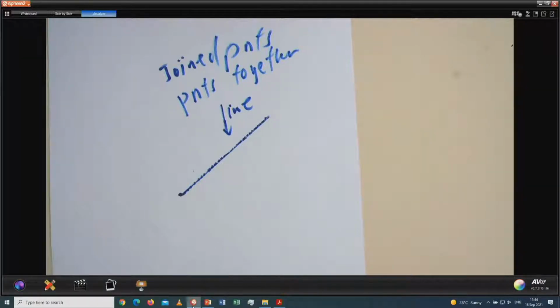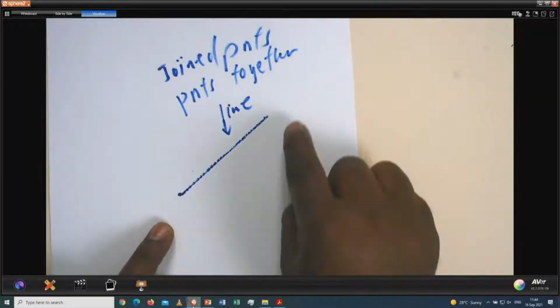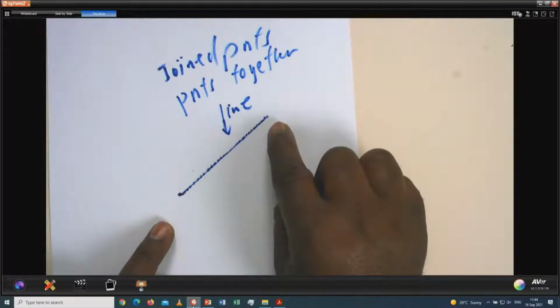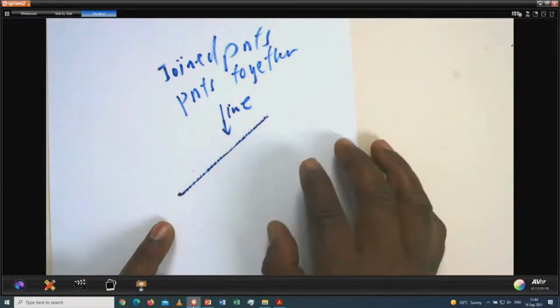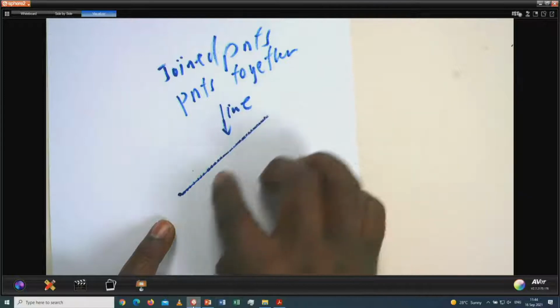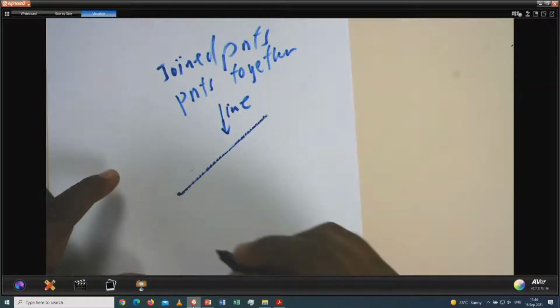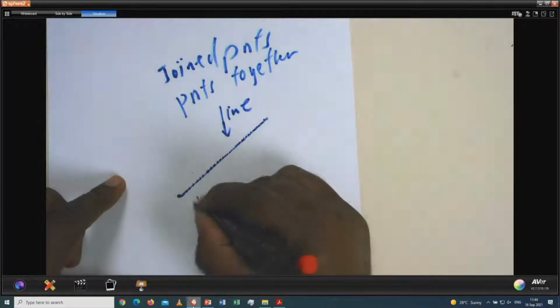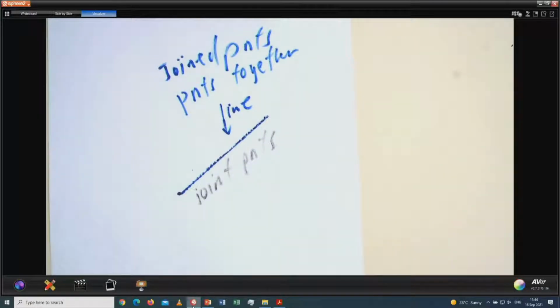So in my own words, I will say, I joined points, combined points, combination of points, joined points. In other words, in saying that, you are defining what is a line. Joined points, in two ways, but in your own ways. Combination of points. That is what a line is all about.